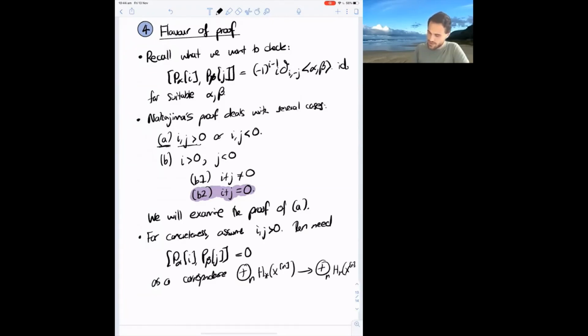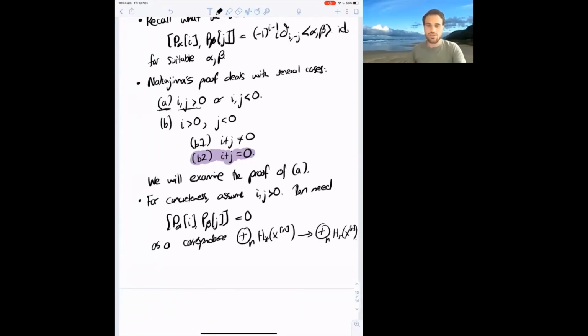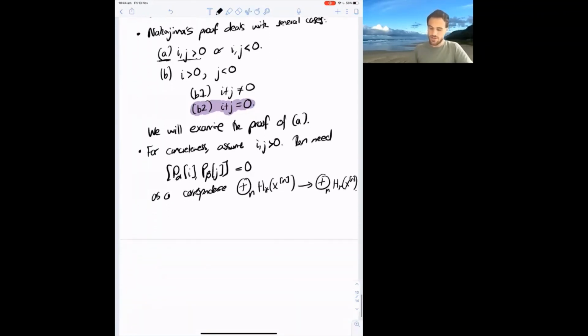The way to do this is we'll restrict attention to a fixed n. Assume that n is fixed, and then I'm going to have to describe something set theoretic that will correspond to each of these composites, P alpha I composed with P beta J.